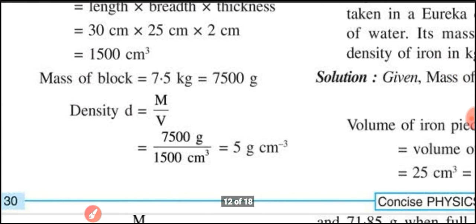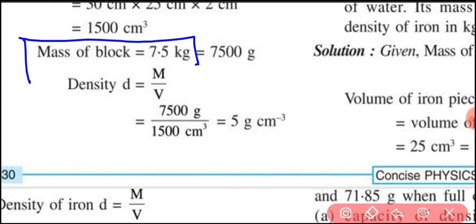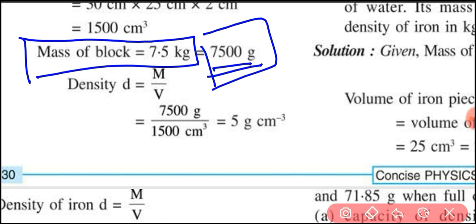Then we have to find out the mass of the block. That is given here, mass of block, that is 7.5 kilogram. So now we have to convert this 7.5 kilogram into gram by multiplying by 1000. Then we will get 7500 gram.